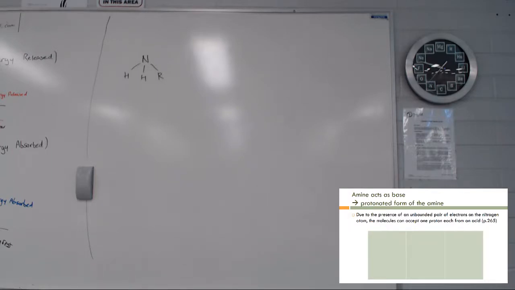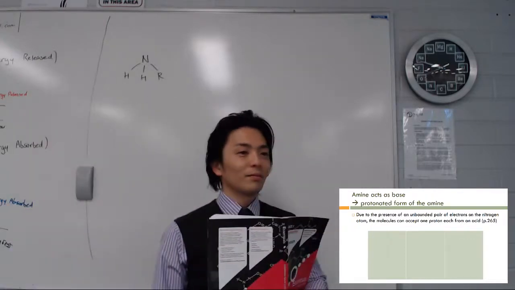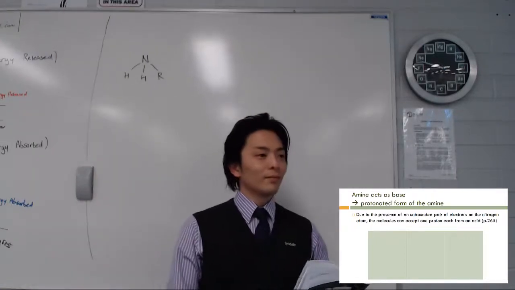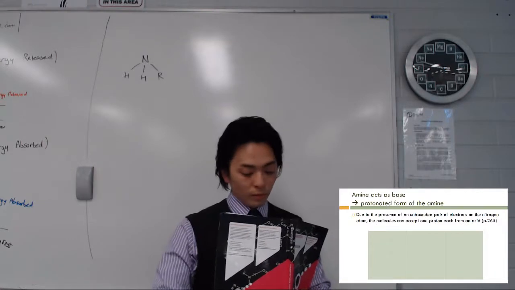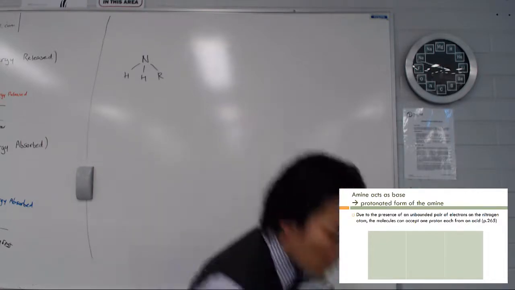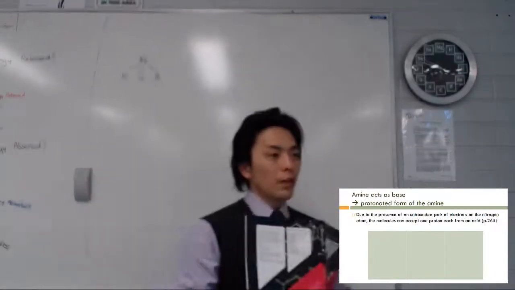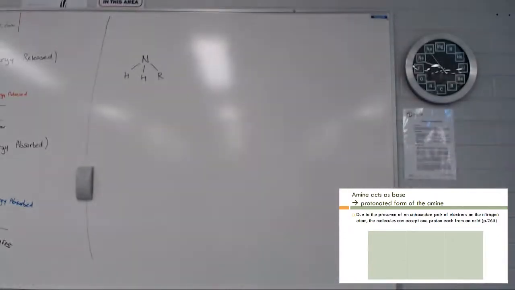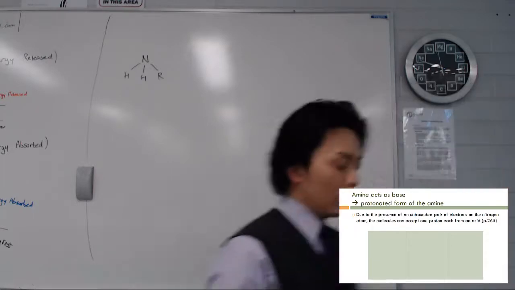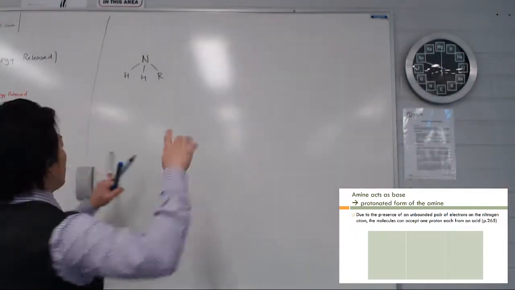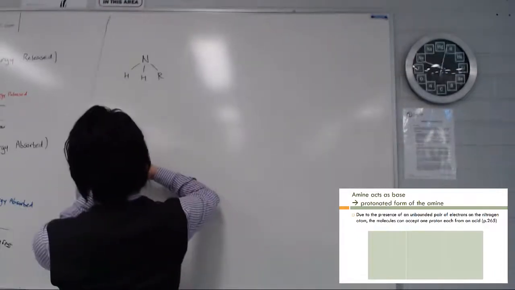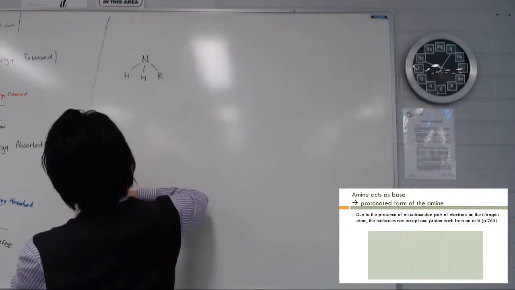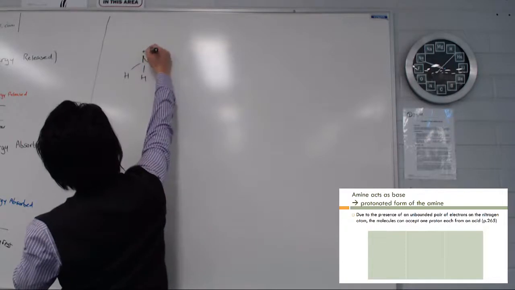But where does it attach to? So if it's ammonia, NH3 can become NH4, right?